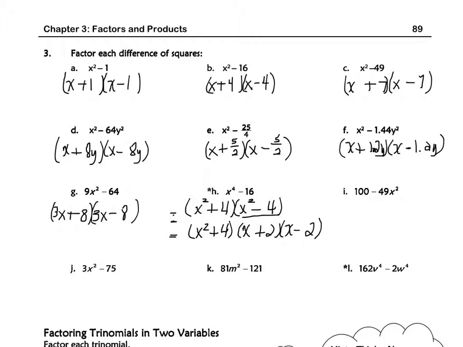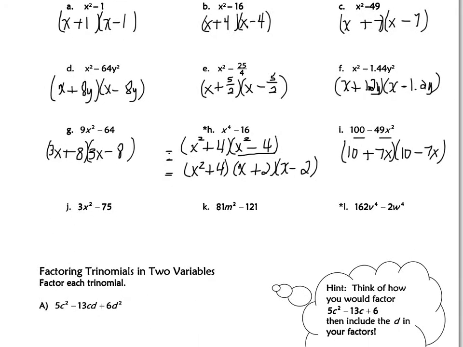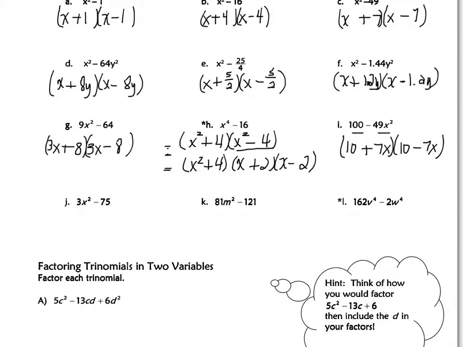And the next one, we have a difference of squares again. 100 and 49 are both perfect squares, so this would be 10 and 10, and 7x and 7x would give you 49x squared, but one would have to be a plus and one would have to be a minus. Okay, the next one looks like it can't be factored as a difference of squares, because 3 and 75 aren't perfect squares.